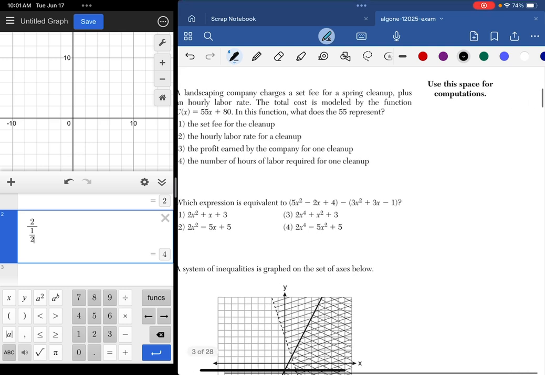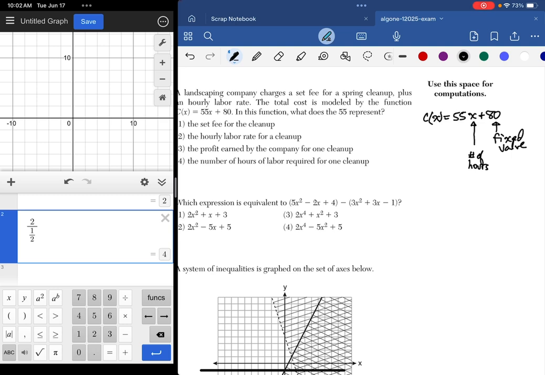So I'll write it off on the side here. We have C of x is equal to 55x plus 80. Right? That 80 is a fixed value. That's not going to change. The x would represent generally the number of hours, when we use a cost model, for which you're doing work or whatever it happens to be, right?